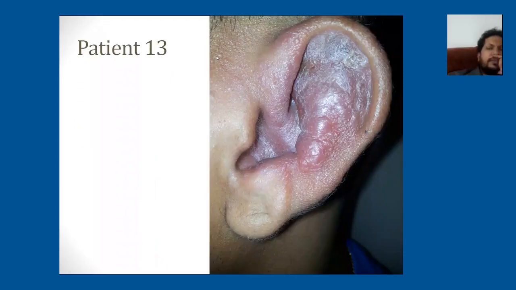So the next patient has an ear lesion. So before we move to patient 13, do you all have any questions? Probably not. Hello? No questions?